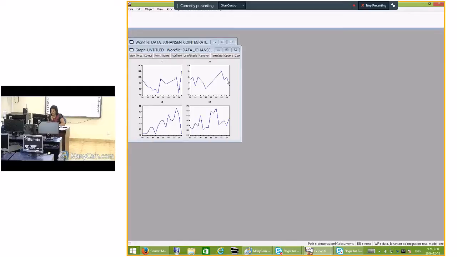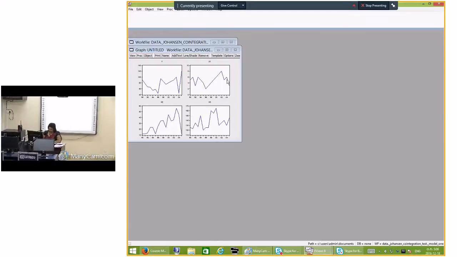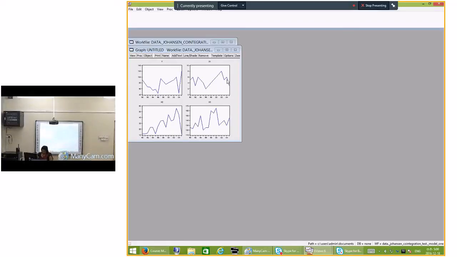Right, this is the major problem with regressions that involve non-stationary data: the standard errors produced are biased.